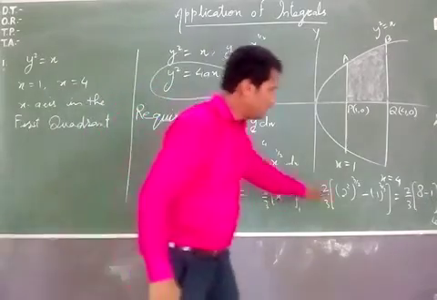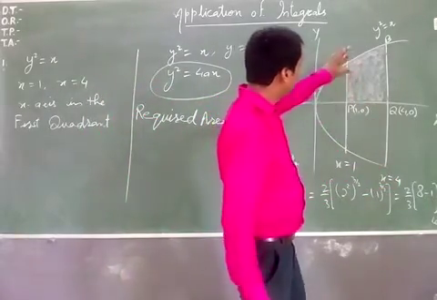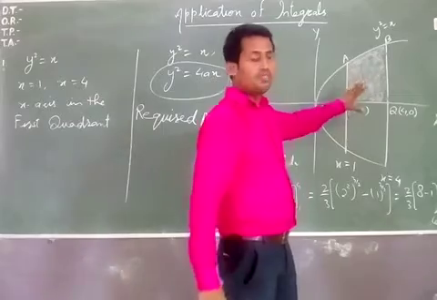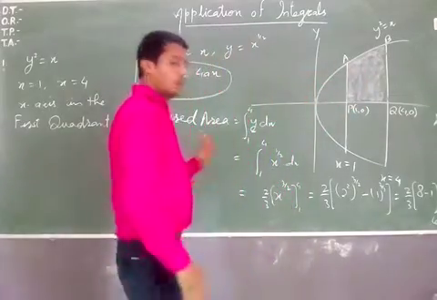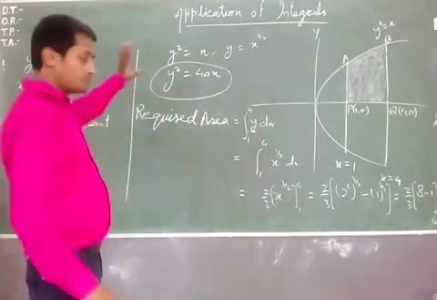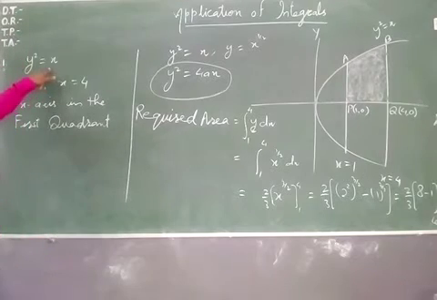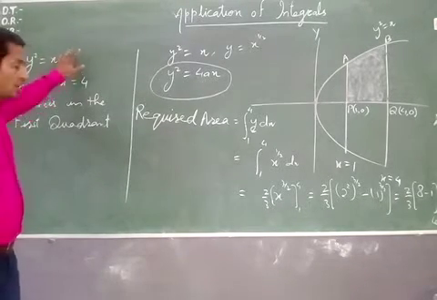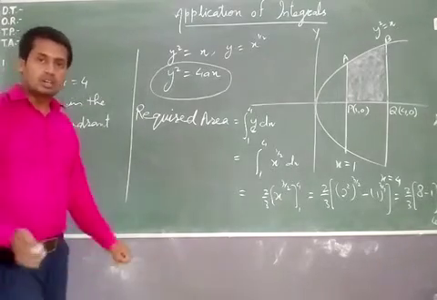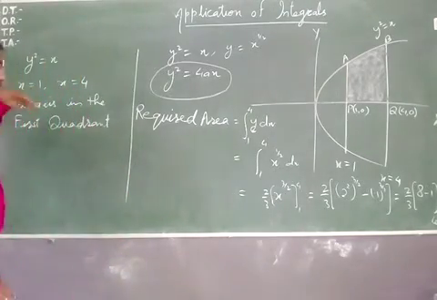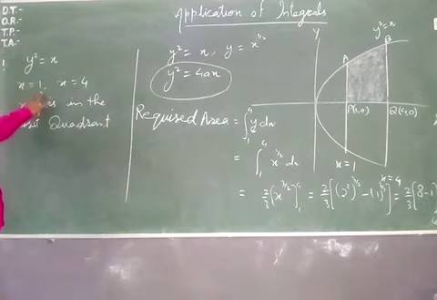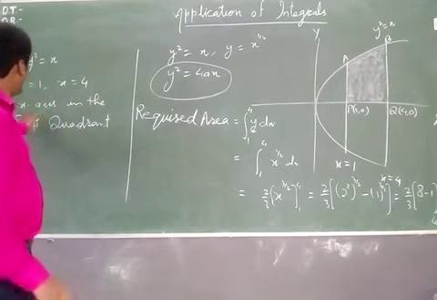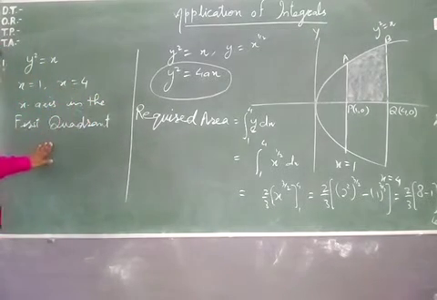This is simple integration, but we have to focus on the graph, how we can draw the graph. Now please see again. We have one curve, a simple curve in the form of y square equal to x. We have to find out the region under the lines x equal to 1 and x equal to 4 on x-axis in the first quadrant.